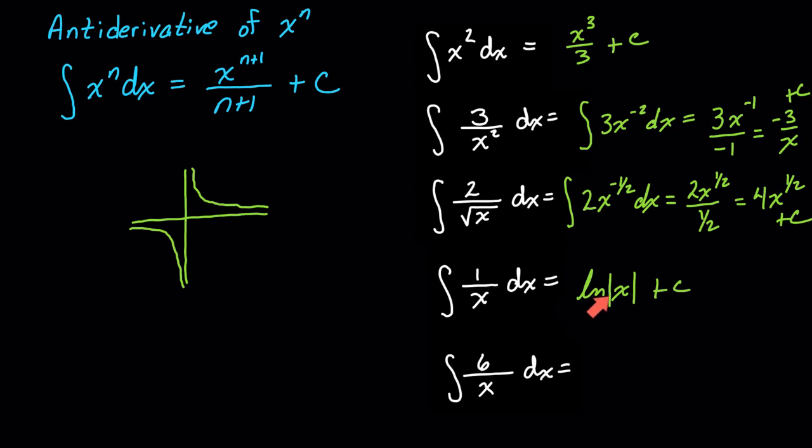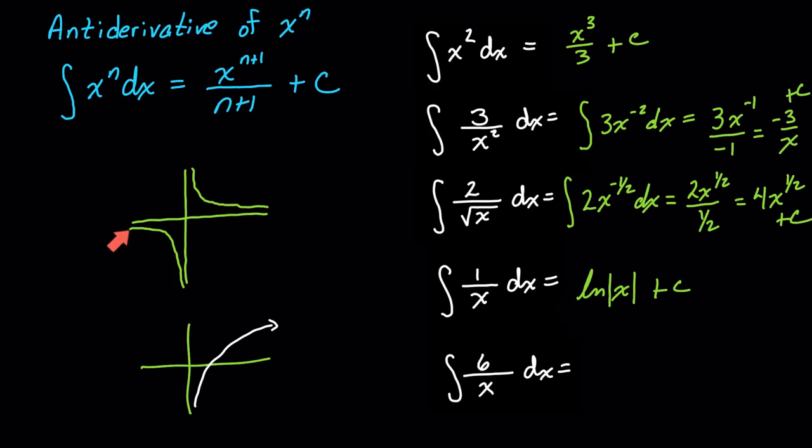Your antiderivative is the natural log of x. You can only take the natural log of positive numbers, because the graph of natural log of x looks like this. You cannot take the natural log of 0, which was okay. We already couldn't take the natural log of 0.